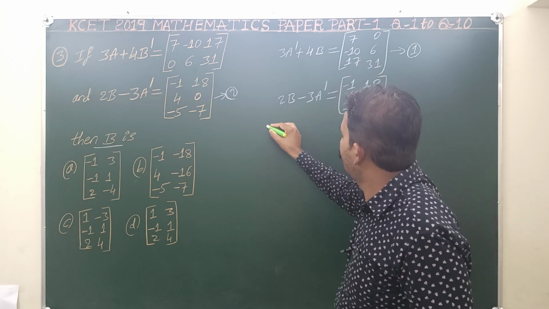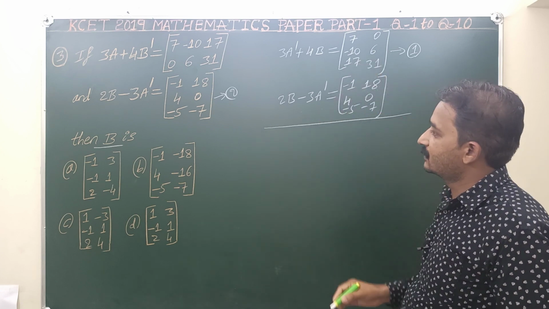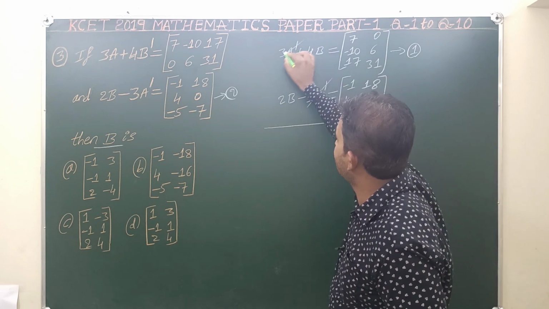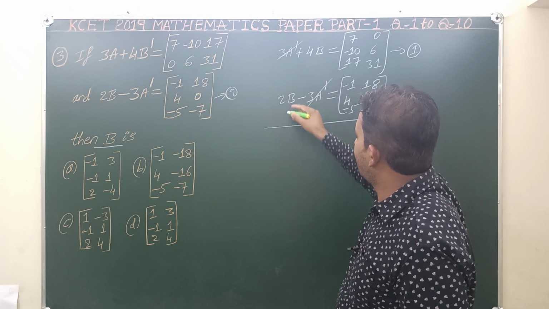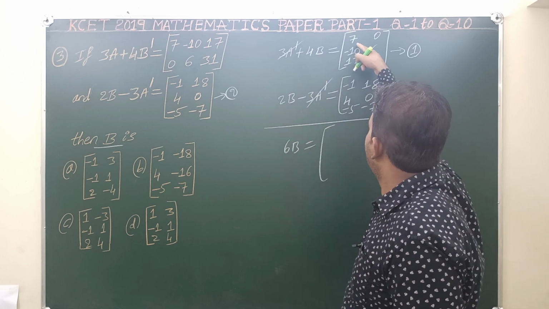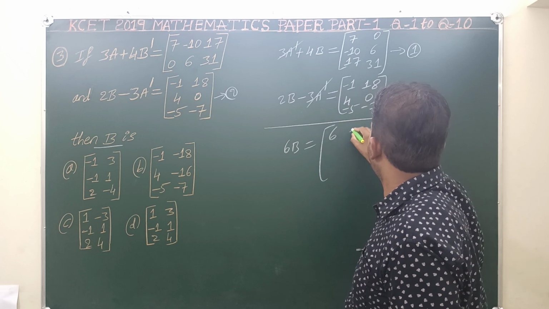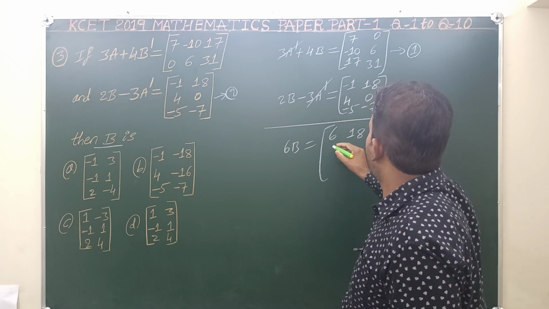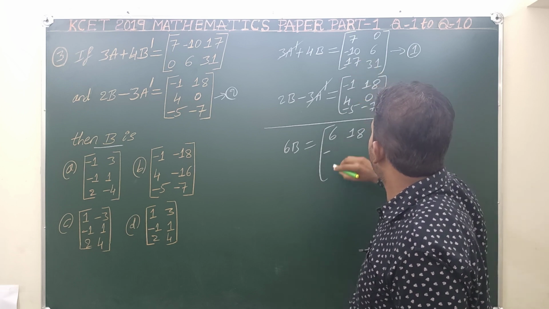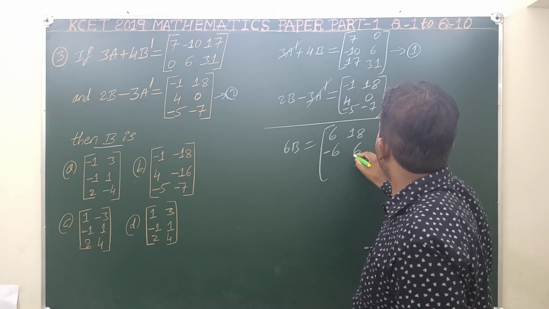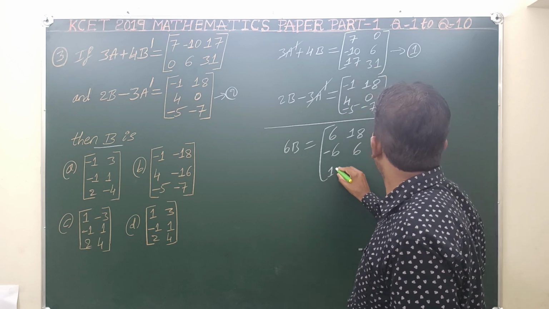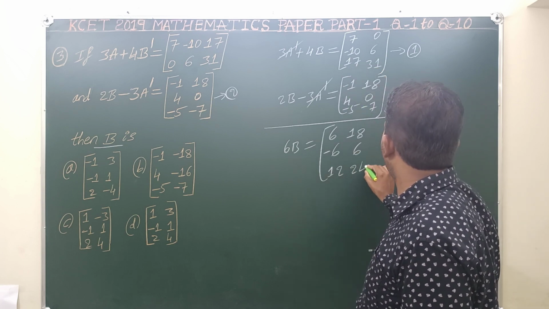Add these two equations, and we get the answer B. Here minus 3A transpose plus 3A transpose cancel each other, 4B plus 2B is 6B, and it becomes 7 minus 1 is 6, 18 minus 10, 4 minus 6, minus 10 plus 4 minus 6 plus 6, 17 minus 5, in this case plus 12, 31 minus 5 is 24.